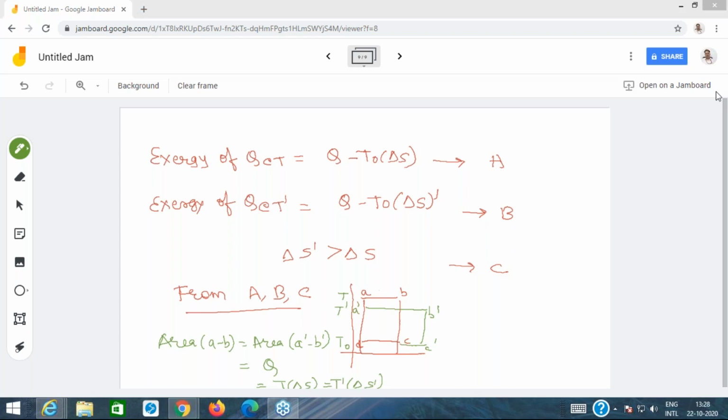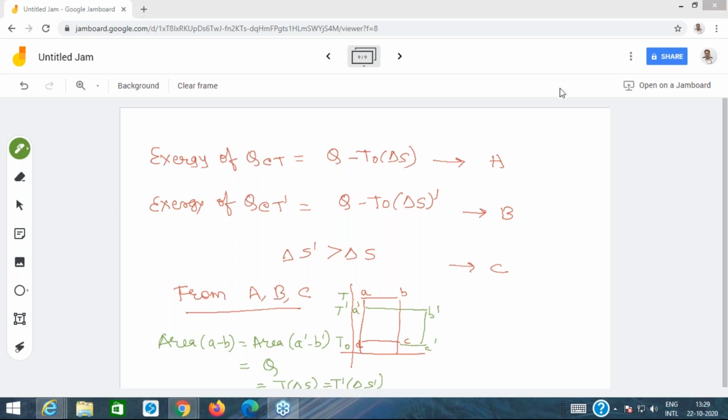Unavailable energy of what? It is the unavailable energy of the heat which is at T dash and not at T. Mind well. Yes, correct. It is at T dash and not at T.